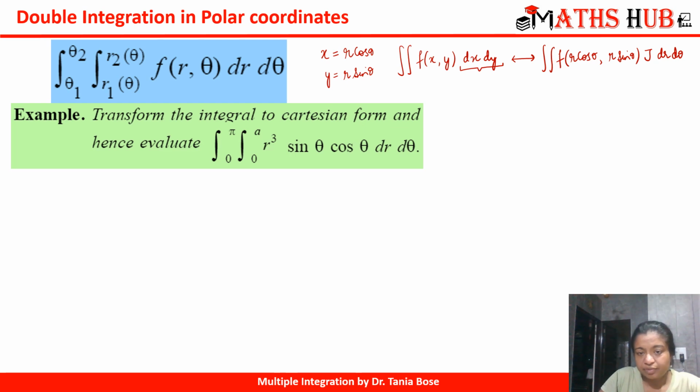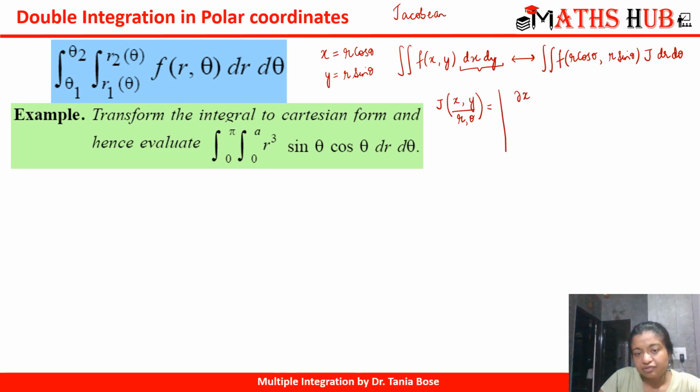Now what is Jacobian? J stands for Jacobian. It is the value of the change in the coordinate system. The earlier coordinate system is in x and y, and now the new system is in r and theta. So Jacobian is the determinant of this matrix.